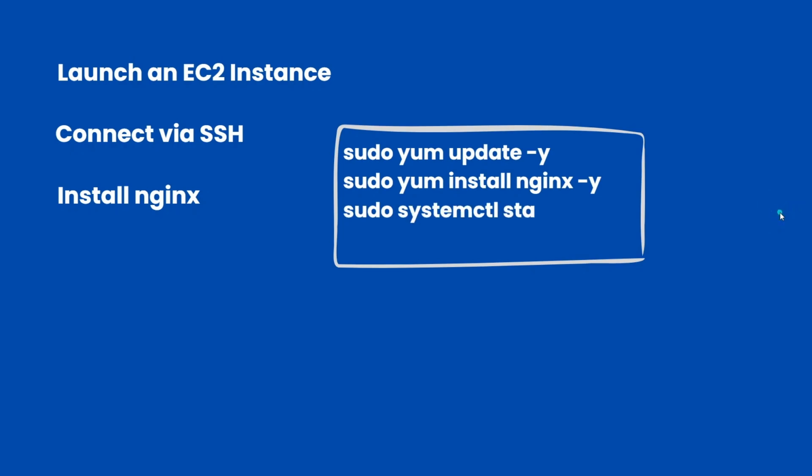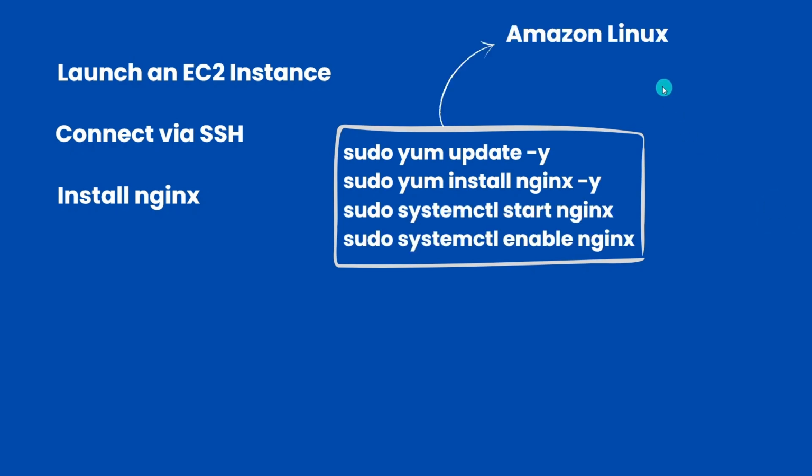To install Nginx for the Amazon Linux AMI, we can use the sudo yum command to install Nginx and start and enable the process. And if it is for Ubuntu AMI, please make sure that you are installing it via sudo apt, since yum is not supported on Ubuntu.